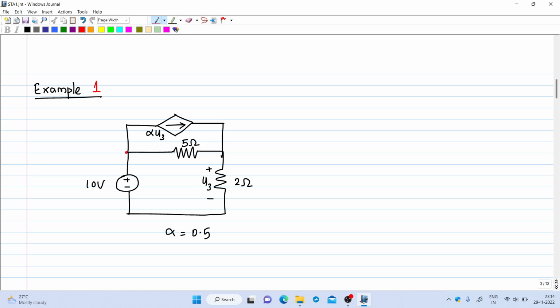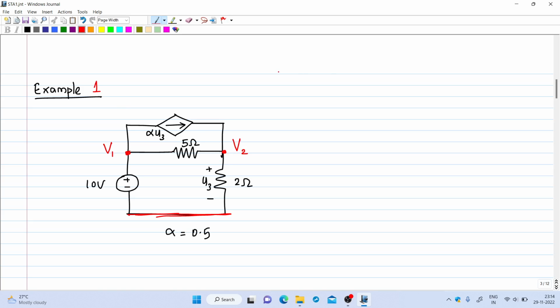So this is a node in the circuit. This node voltage we can label as V1. This is another node. We can label this voltage as capital V2. So node voltages are V1 and V2. And this is our reference node, so reference node potential is 0 volt. Only two nodes are there, V1 and V2, apart from the reference node.